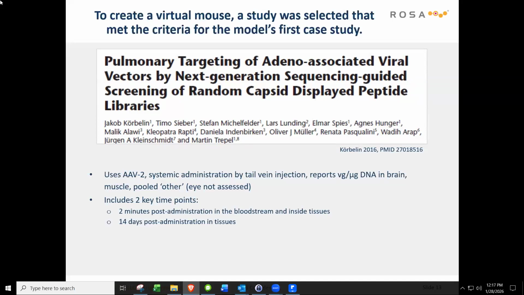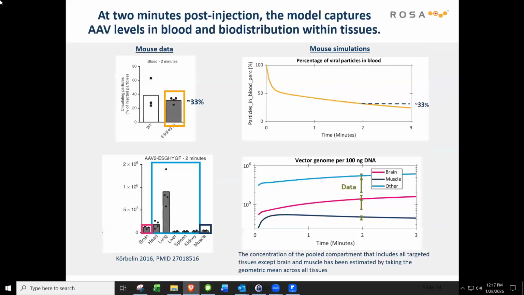Also, they had two key time points. They had short-term data, 2 minutes post-administration, with concentration of AAV in blood and biodistribution, AAV concentrations in different tissues. And then 14 days, some data about what happened 2 weeks after the dose was administered.